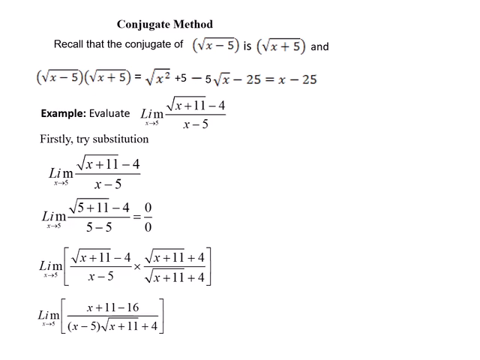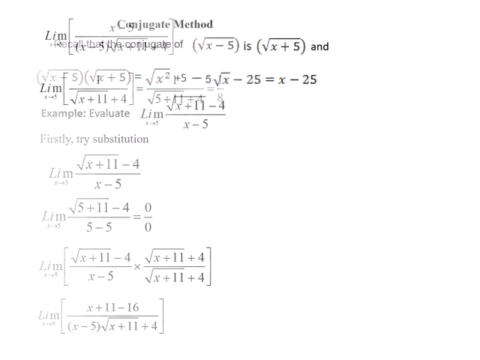Then you evaluate. You multiply square root s plus 11 minus 4 by square root s plus 11 plus 4. We multiply the denominator also, which is s minus 5 multiplied by square root s plus 11 plus 4. So we got s plus 11 minus 16 over s minus 5 in brackets square root s plus 11 plus 4. We move to the next slide.